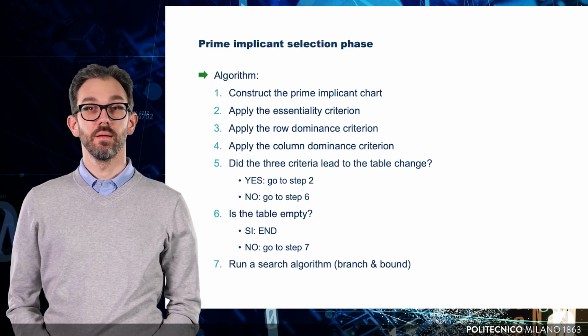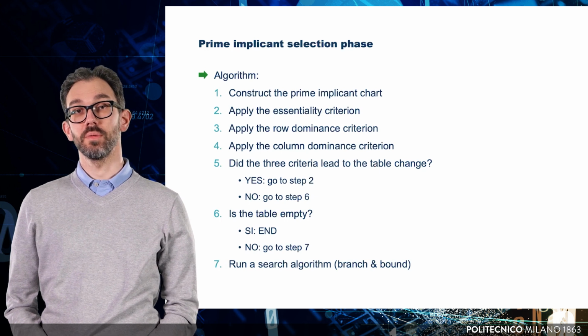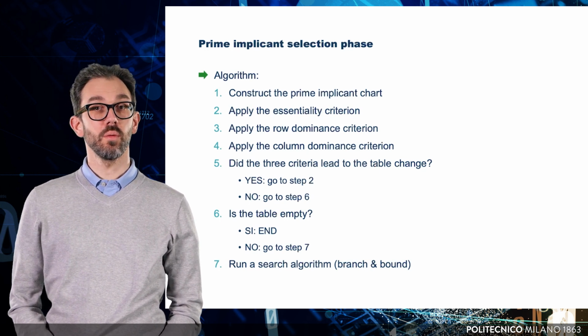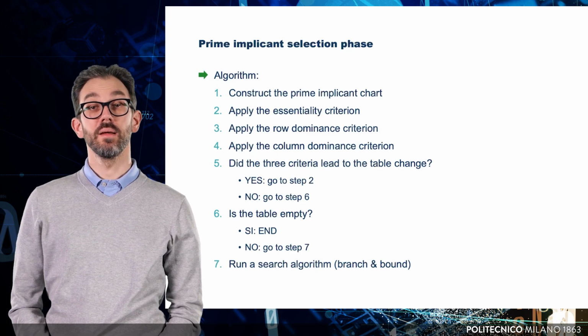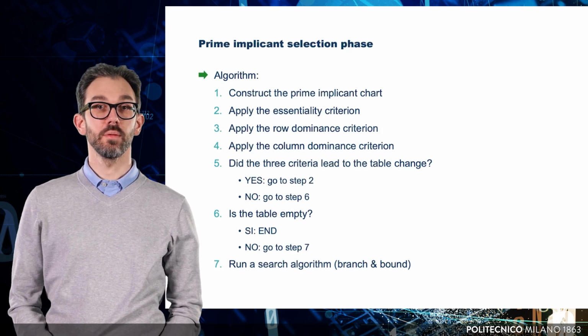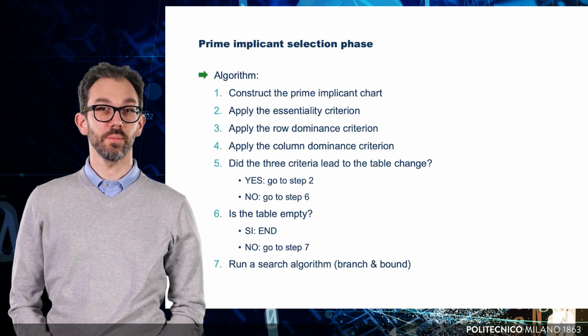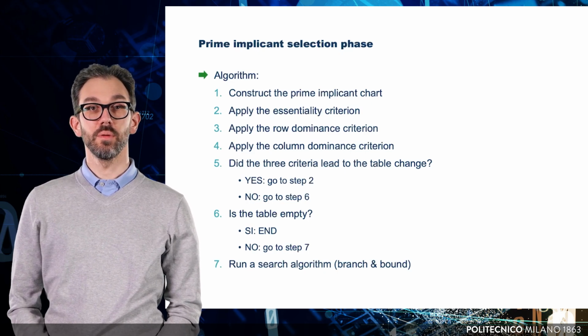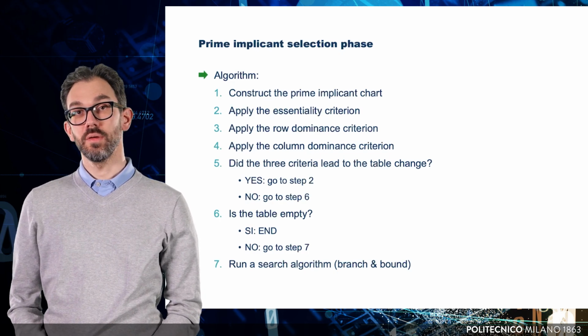If it is, the process ends. This means we have fully covered all minterms. If not, we proceed to step 7. Finally, step 7 involves using a search algorithm, such as branch and bound, to select a minimal set of remaining prime implicants that cover the remaining uncovered minterms. This final step ensures the identification of a complete solution.